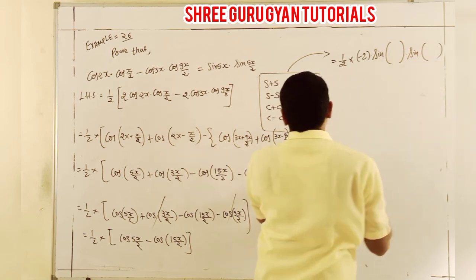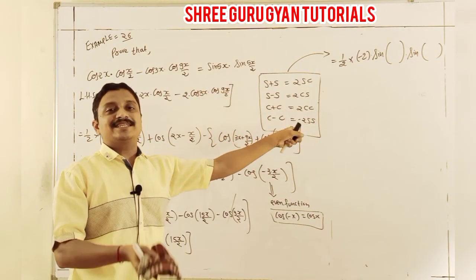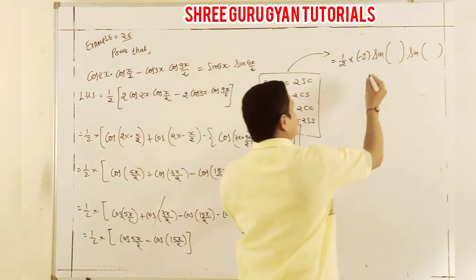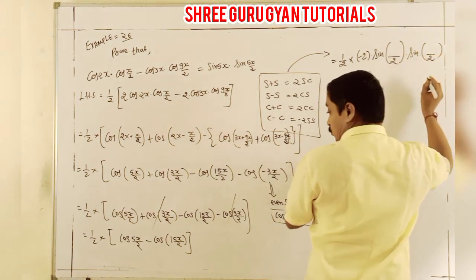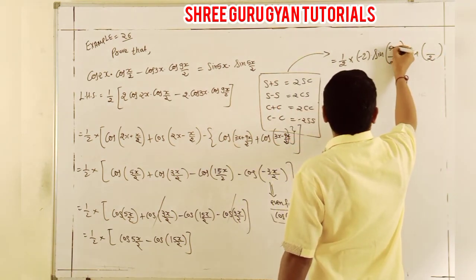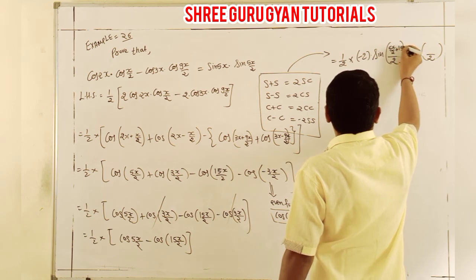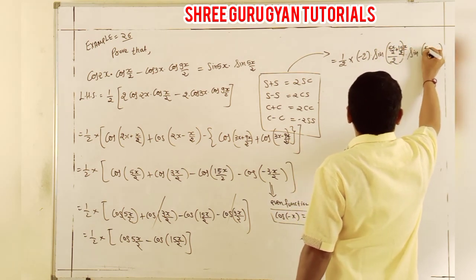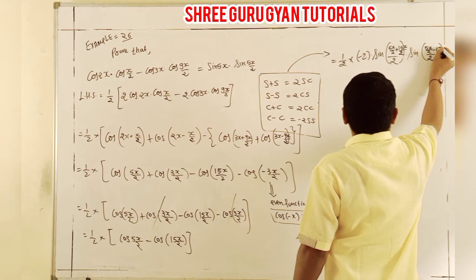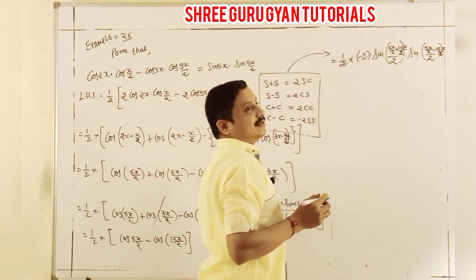Taking the left side to the right side formula means dividing by 2, and one time adding 5x by 2, 15x by 2, and here 5x by 2 minus 15x by 2. So these two and these two cancel.